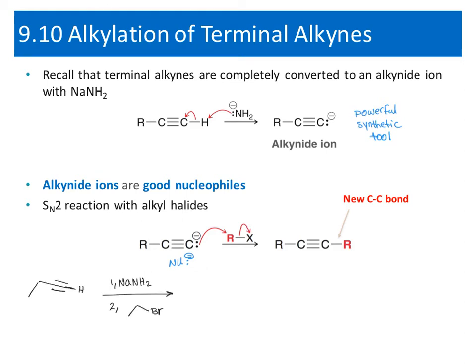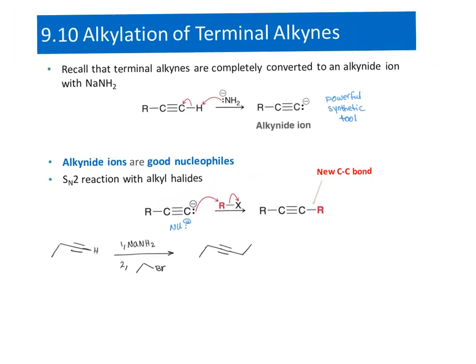So in the first step, we are adding sodium amide, and in the second step, we are adding ethyl bromide. So the product for this reaction would be this structure. Now let's look at the mechanism to see how we got this product.